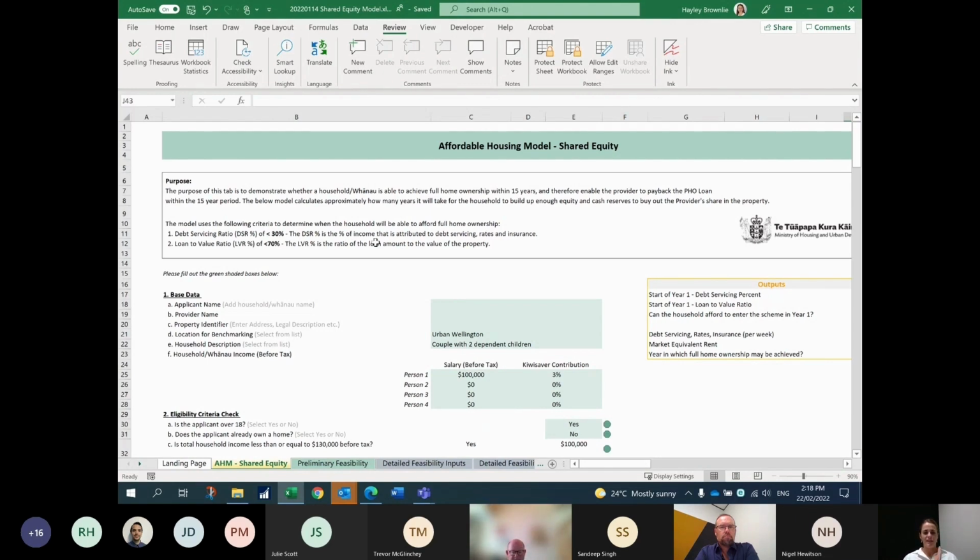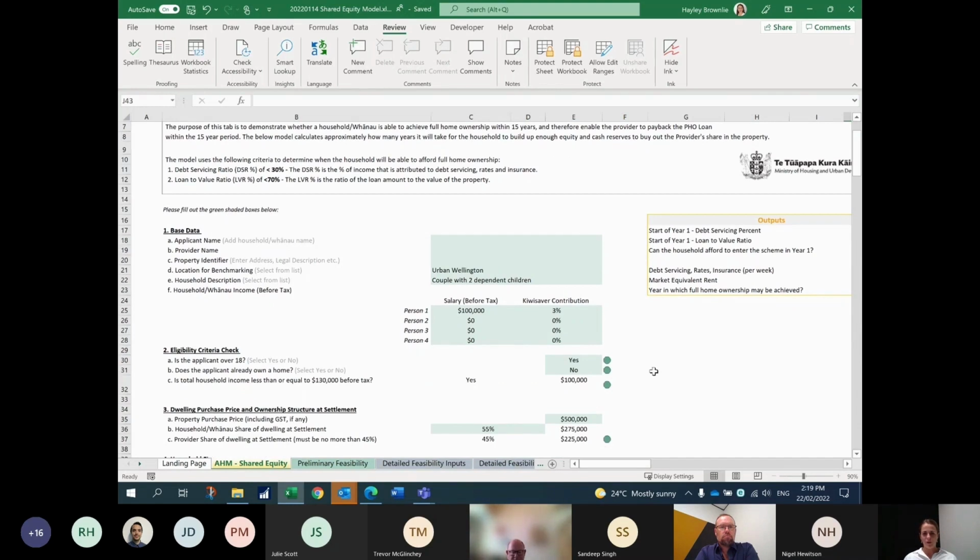The other criteria is the loan to value ratio, which we'd ideally like to see being less than 70%. So that's the ratio of the loan amount to the value of the property, or the ratio of the loan amount to the value of the share of the property that the household is purchasing at year 1.